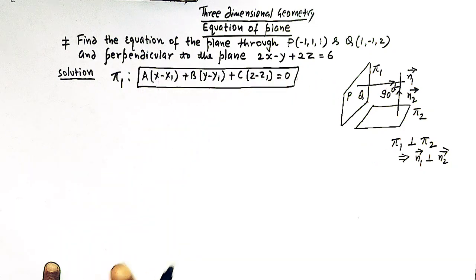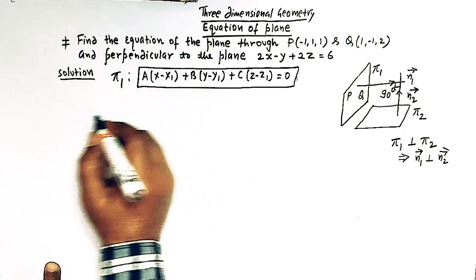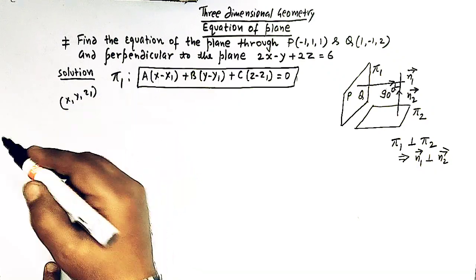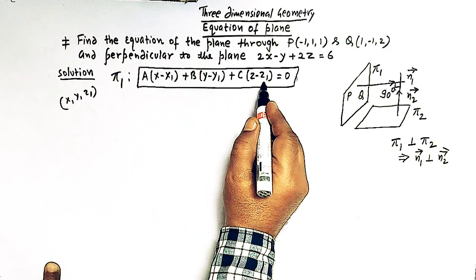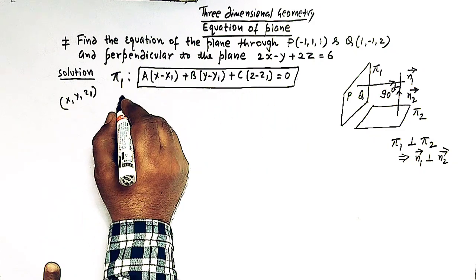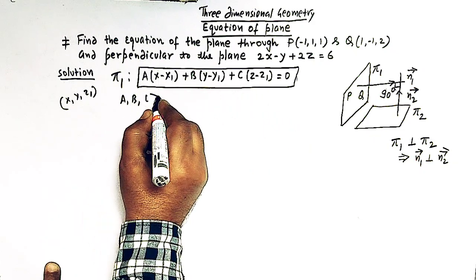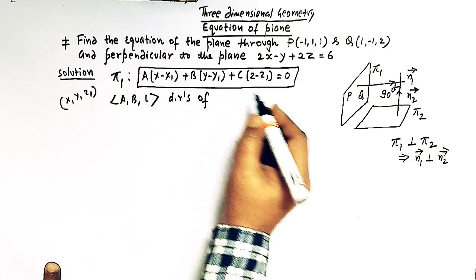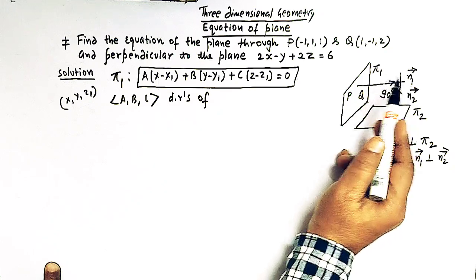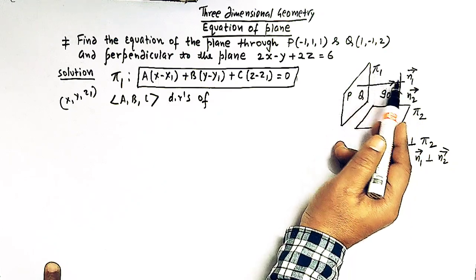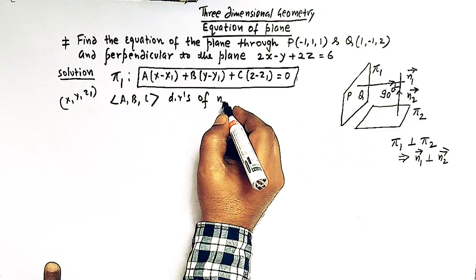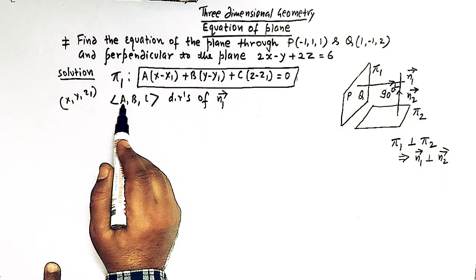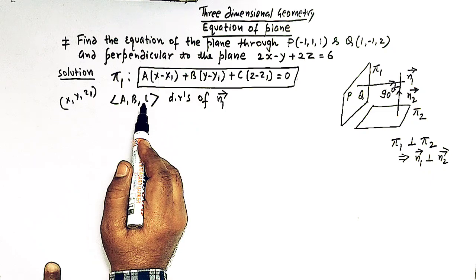So the equation of any plane which passes through a point say (x1, y1, z1), the equation of that plane may be written like this, right? And here a, b, c are the direction ratios of the normal vector, and here we have assumed that the normal vector to this plane pi 1 is the vector n1. So n1 has the direction ratios as a, b and c, right?